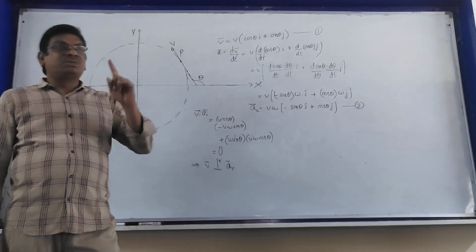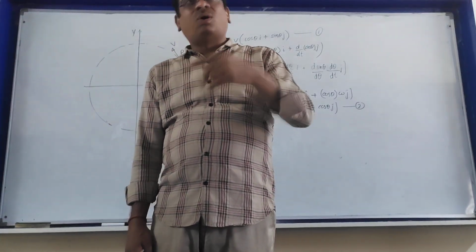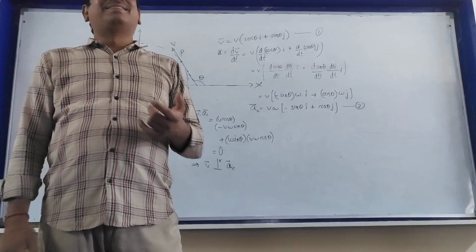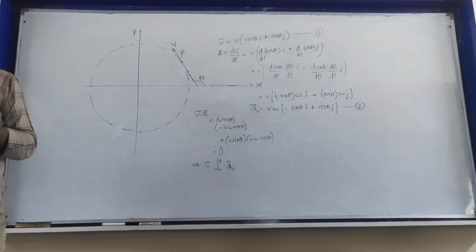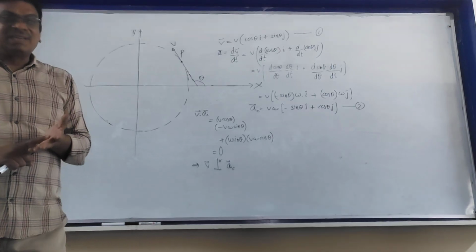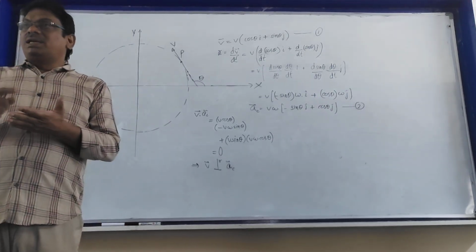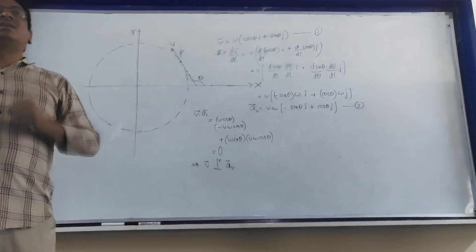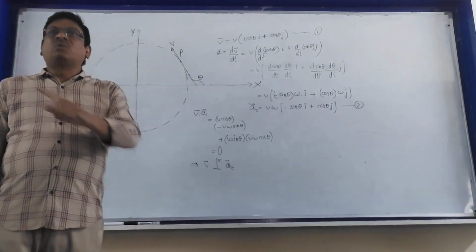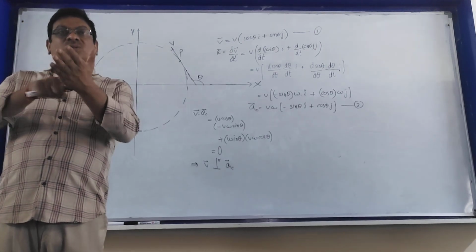What is the other name given to centripetal acceleration? Radial acceleration, and one more name is there. Very good, normal acceleration. So centripetal acceleration, radial acceleration, normal acceleration, all are the same. Normally we use centripetal acceleration and radial acceleration in the case of a circle. When a body goes along a circle, centripetal means towards the center.